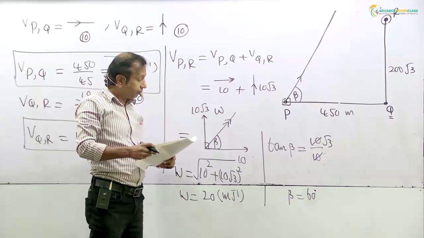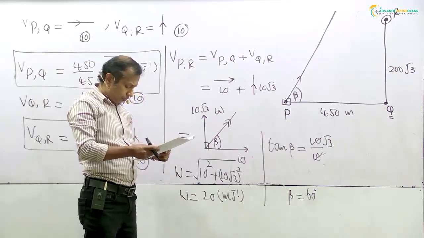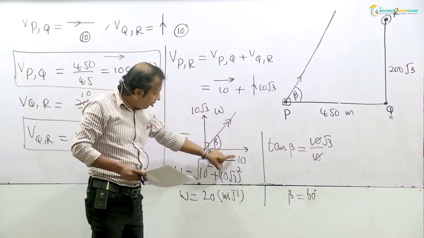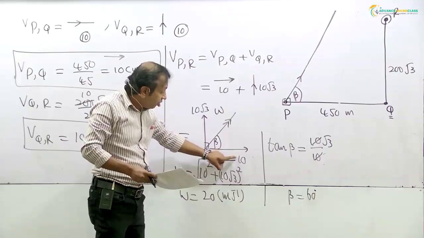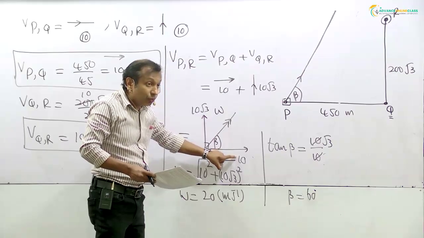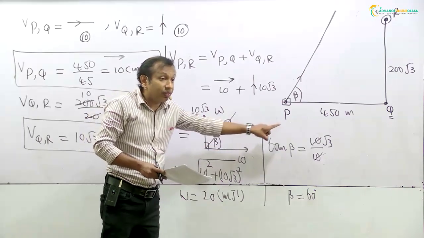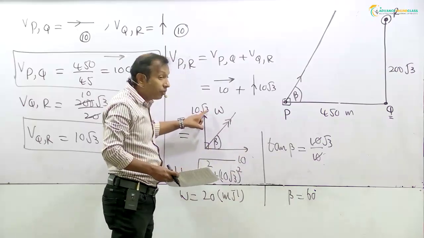With this velocity 10, while R is at rest, when it moves 20 seconds, it moves rightward 200 meters. Upward we can find with 10 root 3.